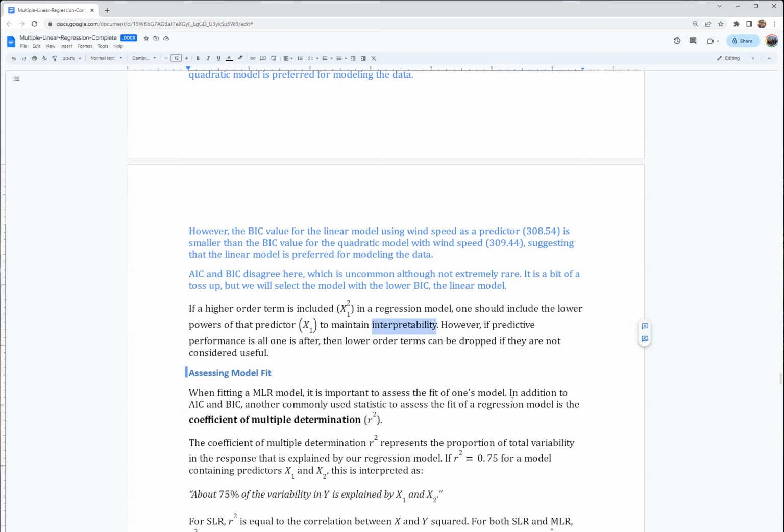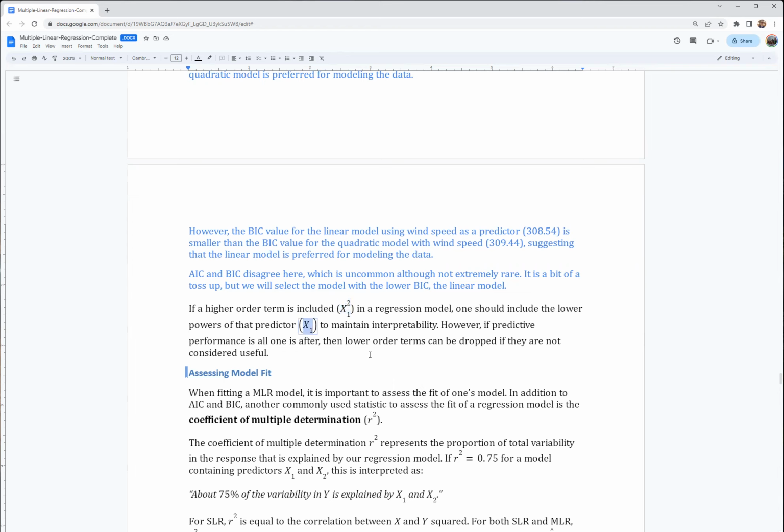But note that in terms of predictive performance, it's maybe possible that it's suggested to only have the squared version of x as a predictor in the model. That's possible. And this gets more into data science and predictive modeling versus statistics. I would say a purist statistician would frown at this. They would say you need to include both.